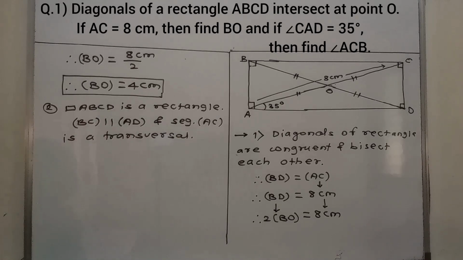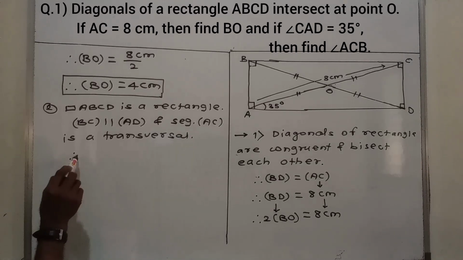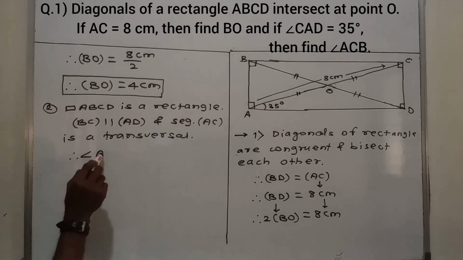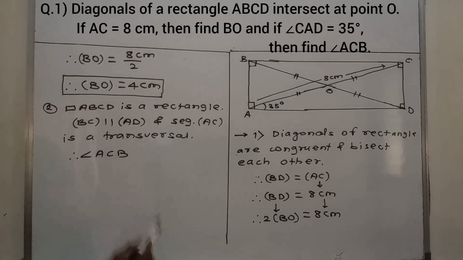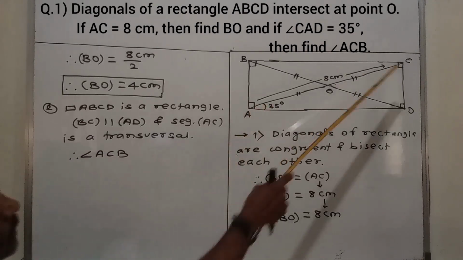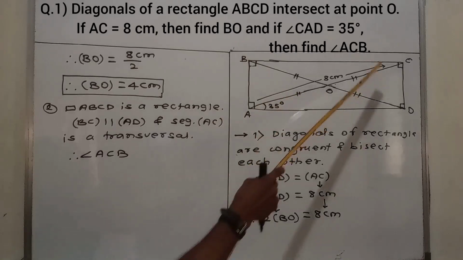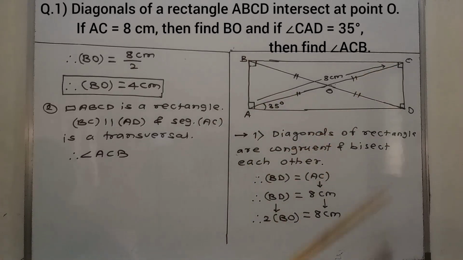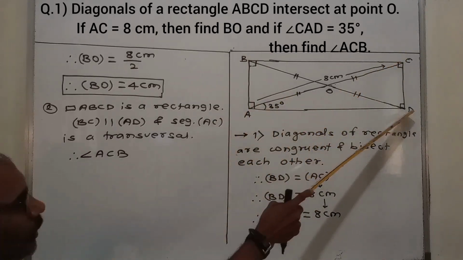Opposite sides are congruent as well as parallel. Did you get it? But we want this. This is very, very important. And segment AC is a transversal. Therefore, angle ACB is equal to angle CAD.